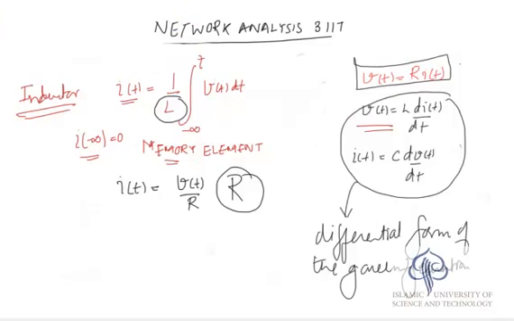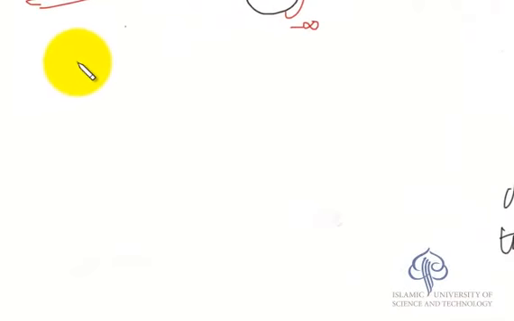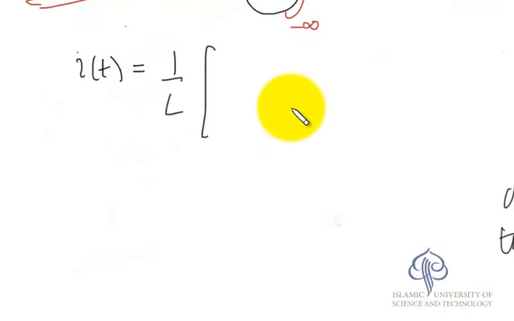You can break it further if you want, you can break the integral. You can say that the current at time t is going to be 1 by L, integral from minus infinity to t1 of Vt dt, say for example t1.